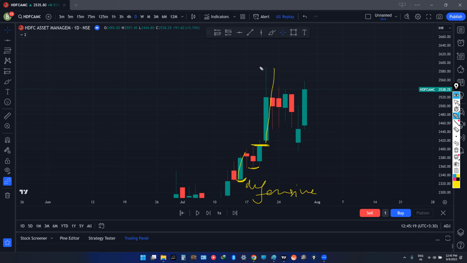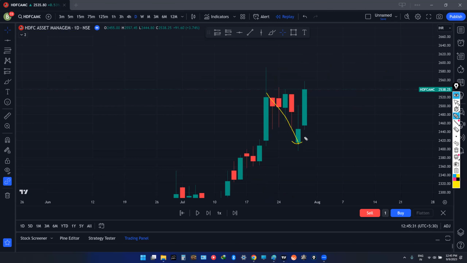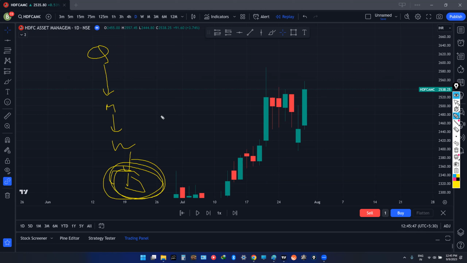The moment he or she did not exit here, what happened? Price came down. So you have to understand, the smaller the time frame becomes, say from quarterly you are coming down to monthly, weekly, daily, the smaller your target becomes, and automatically the smaller your stop losses become.